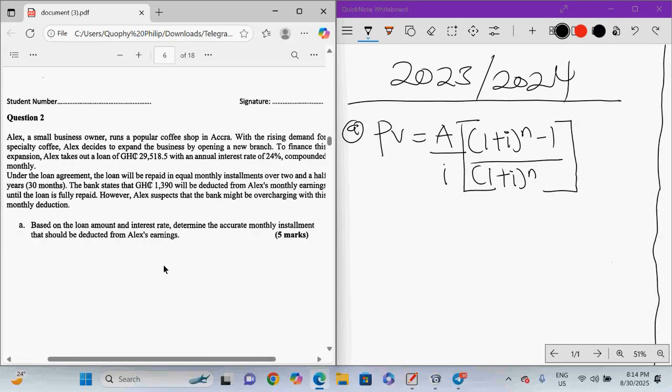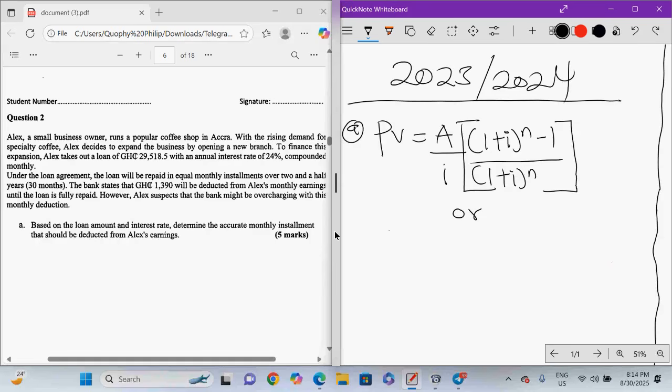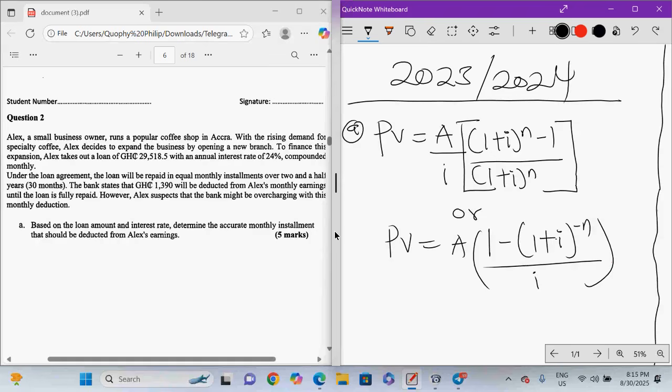So this is the general formula. In case you see that I use a different formula, because it looks like my book, I use this formula, I want to tell you that it's the same thing. But you use this, the first one. In case you see this one somewhere, something like this, it will give you the same answer.